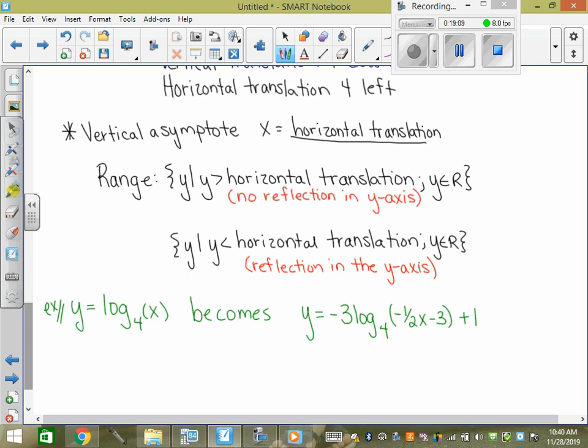Okay, so the base is the same, right? Same thing with exponential. These bases are the same. They don't change anything, right? They do have to be the same though.